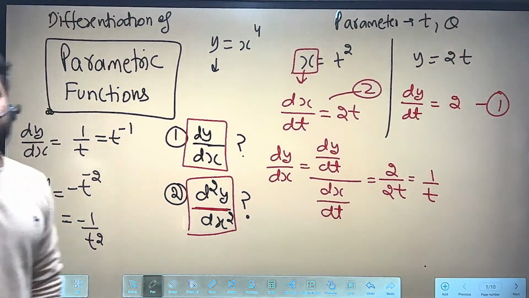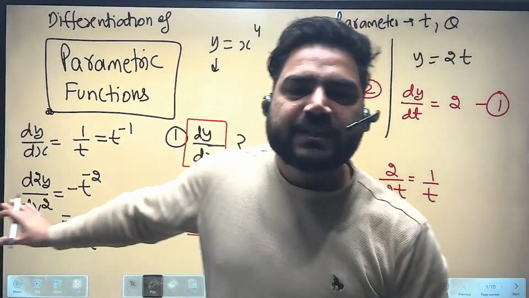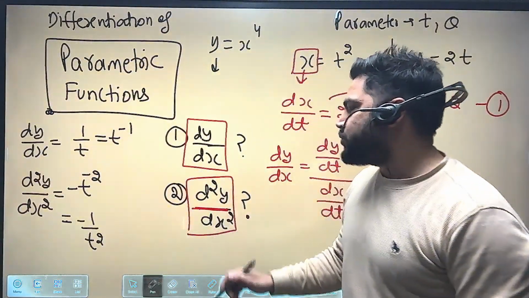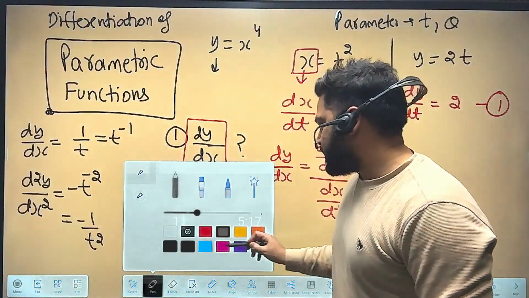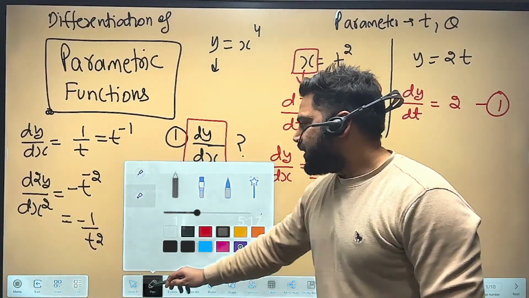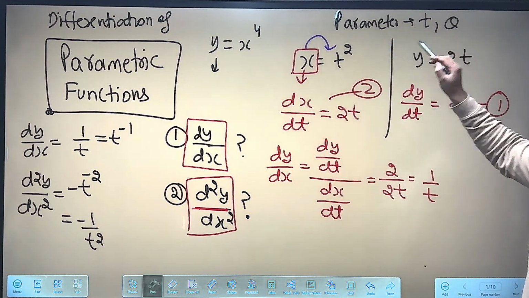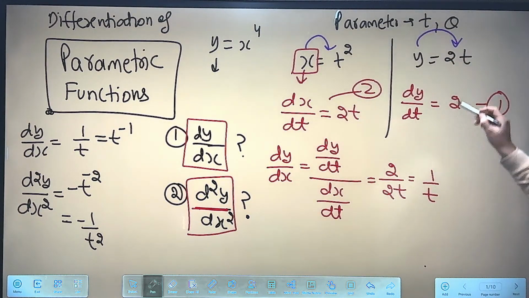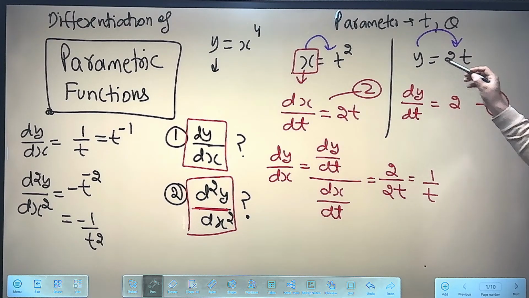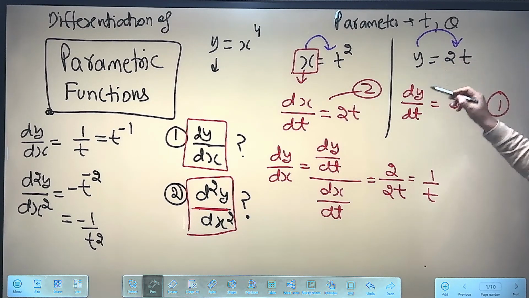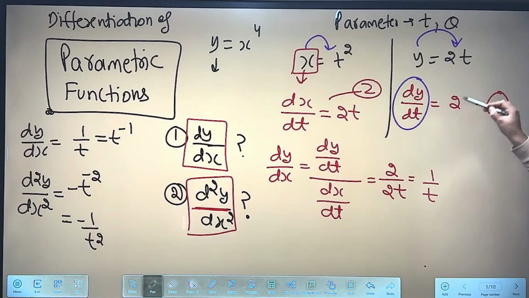But there is an issue here. In this answer we have some issue. And what is the issue? Earlier, x is given in terms of t, and y is also given in terms of t. When we were trying to find dy by dt, 2 is constant and the t derivative is 1.